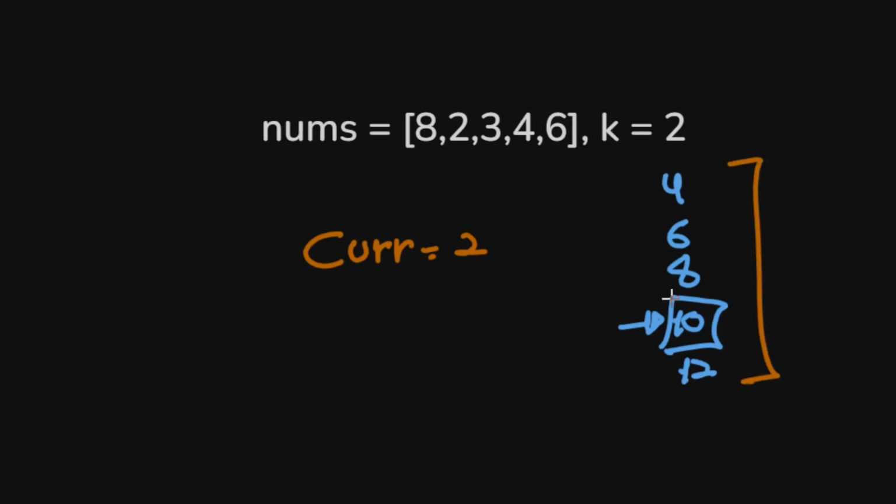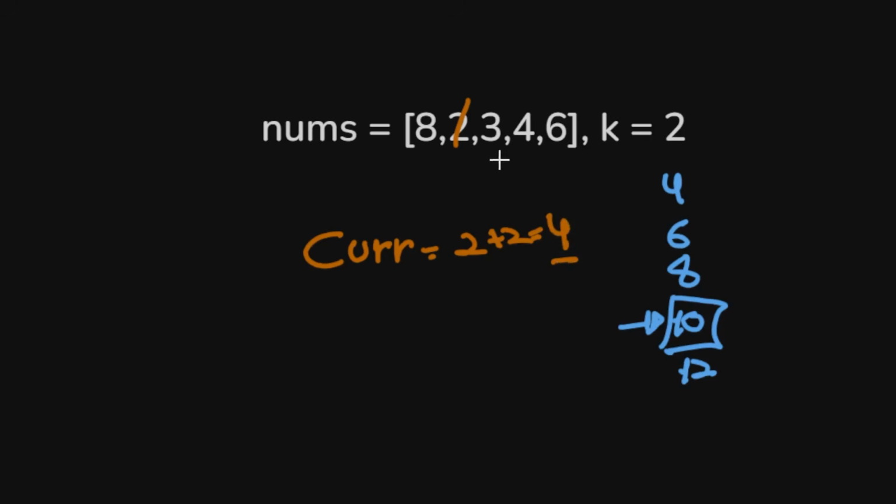So how can we do this? Well, we can have a variable current, which is initially k, meaning 2 in this case. And we can say, while we have current in nums, we update current with current plus k. In this case, we have 2 here, so we update this with 2 plus k, meaning 2, and 2 plus 2 is equal to 4.